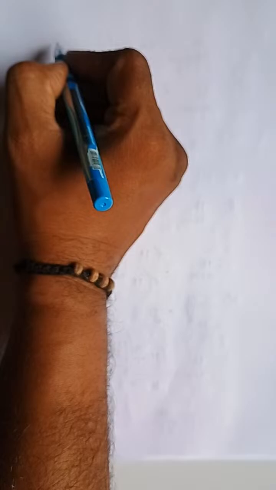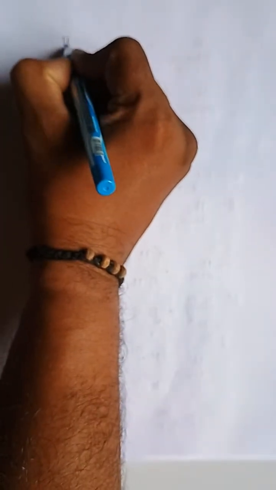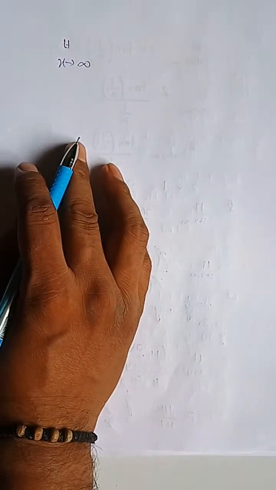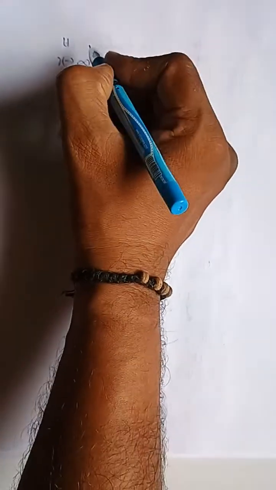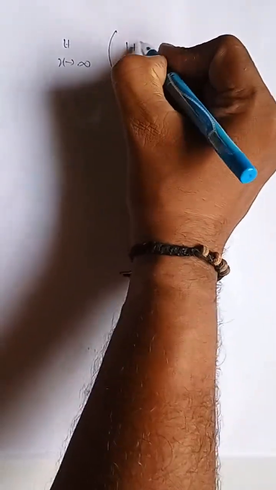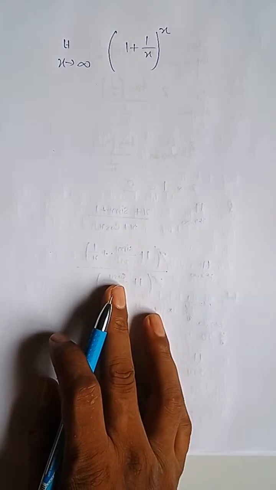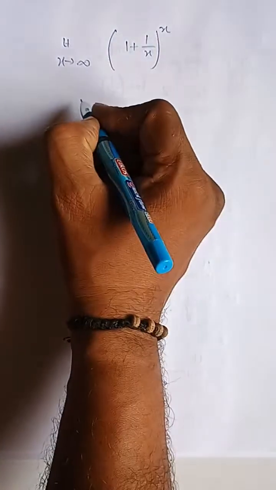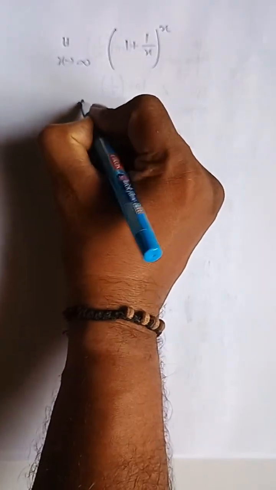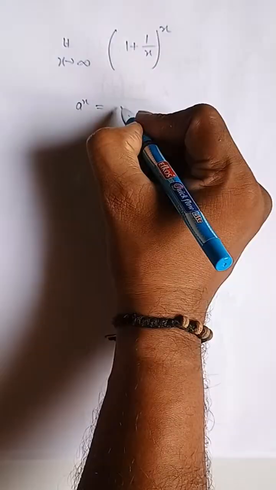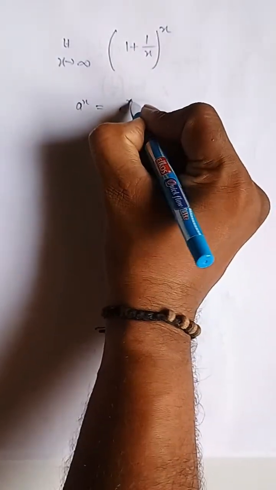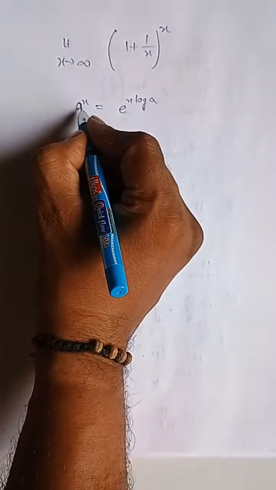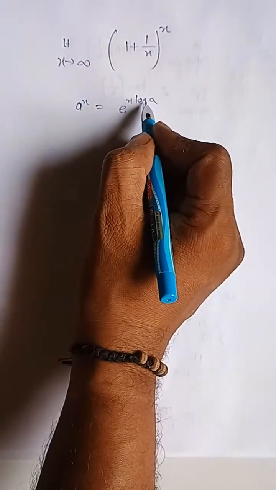Let this question, we have limit x tends to infinity of (1 plus 1 by x) to the power x. So we know one concept: a to the power x, suppose e to the power x log a. This variable is here, this constant is here.